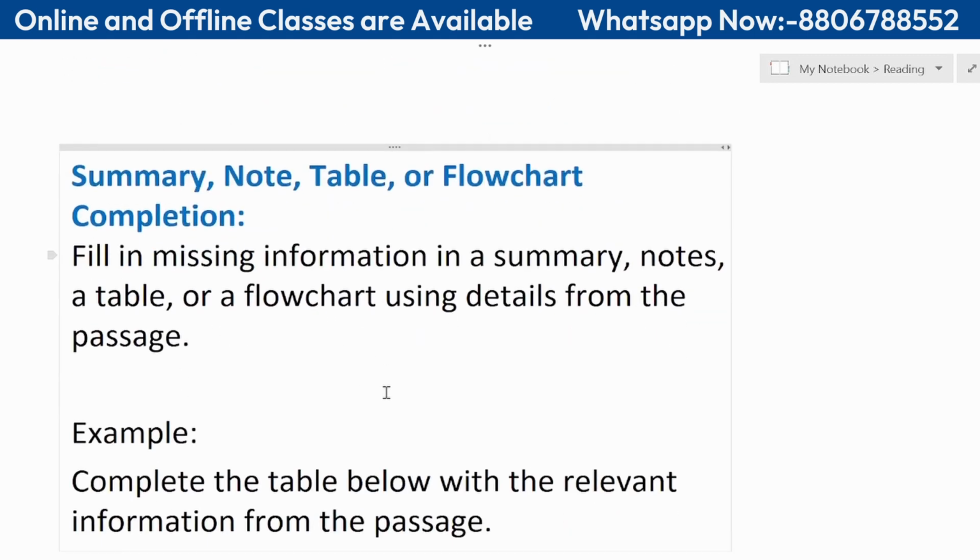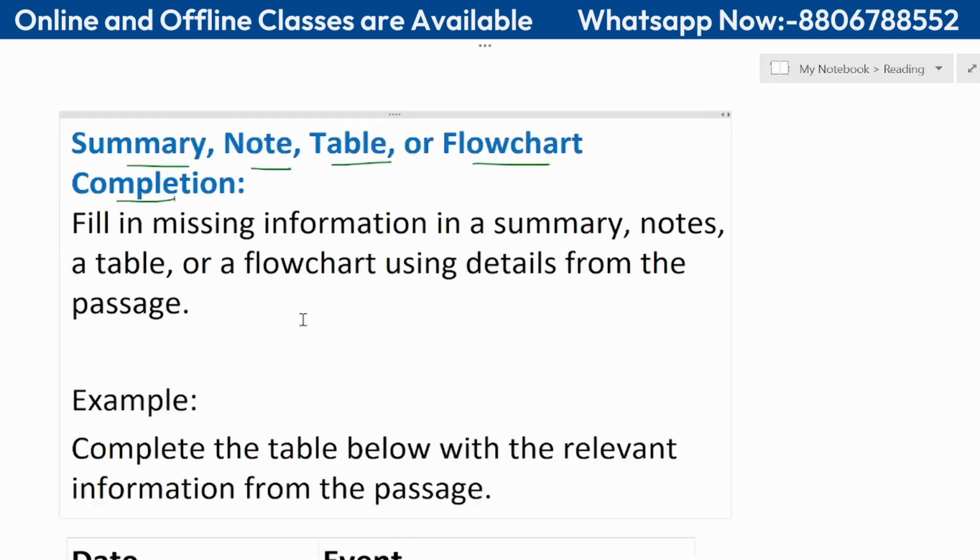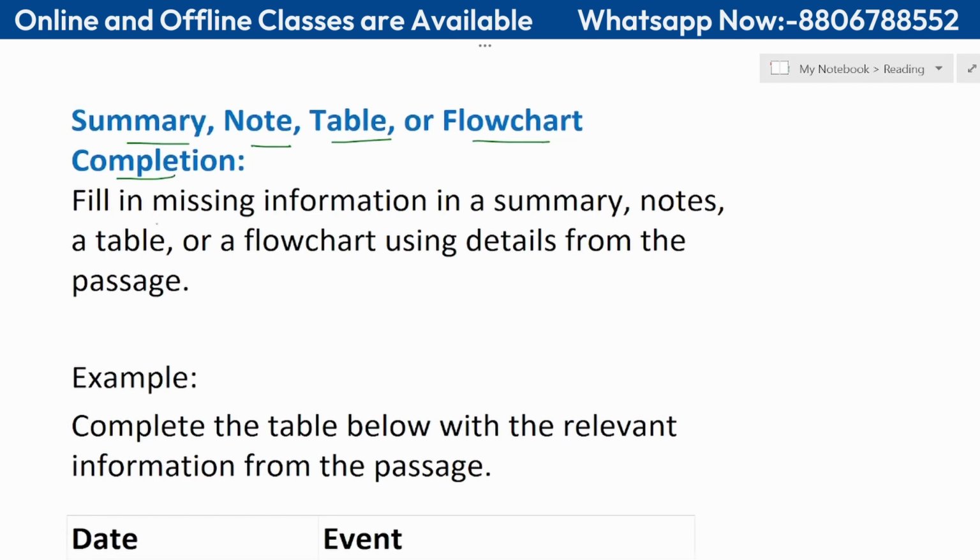The next type of question which can appear is summary, note, table, or flowchart completion. So it can be in any form. It can be in form of a summary, or it can be in form of a note with blanks. It can be a table with blanks, or a flowchart. So let us see what will be asked in this type of questions. Fill in the missing information in the summary, notes, a table, or a flowchart using details from the passage.